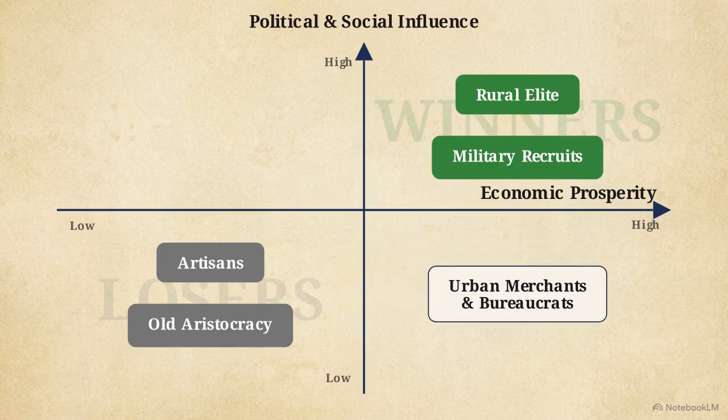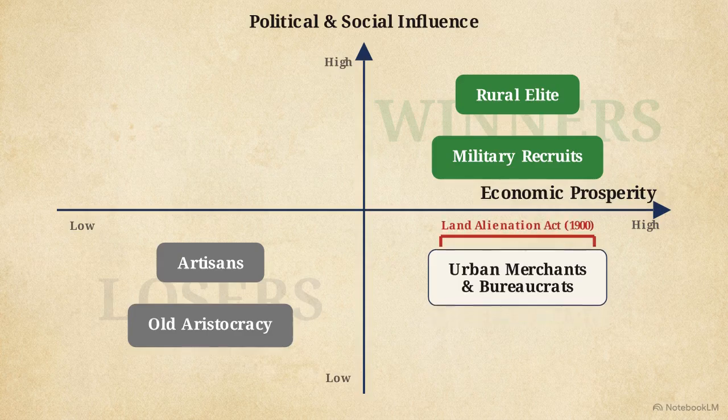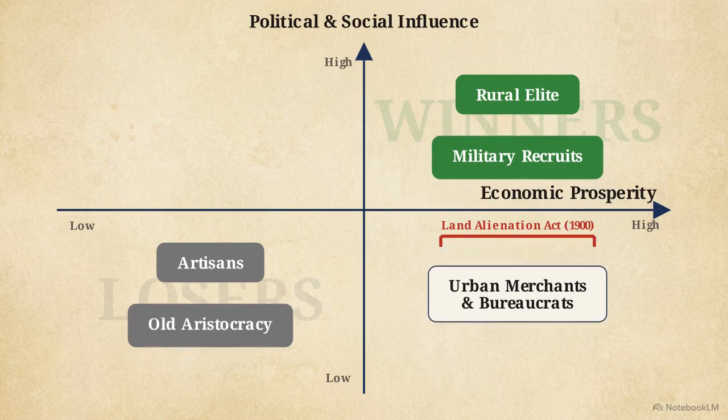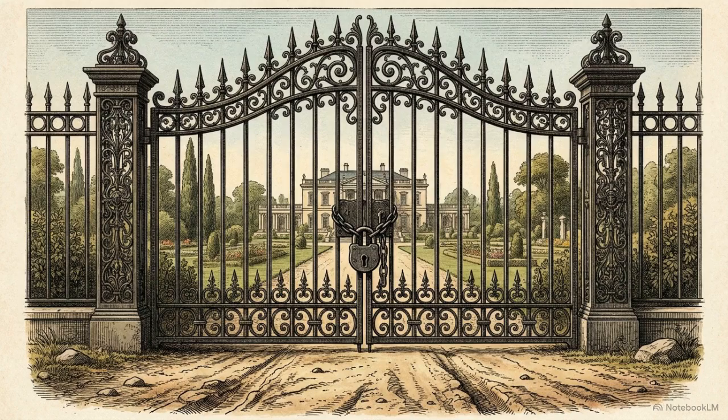Urban merchants and bureaucrats fall into the lower right. They dominated the new legal and commercial systems, but were legally blocked from owning rural land or gaining political leverage. Prosperity was strictly gated. It was a zero-sum game dictated by British imperial priorities.